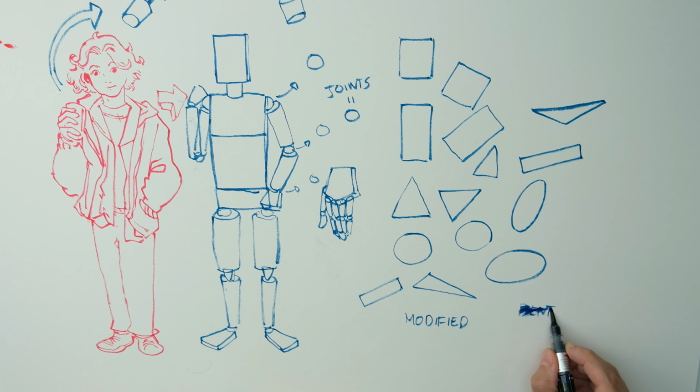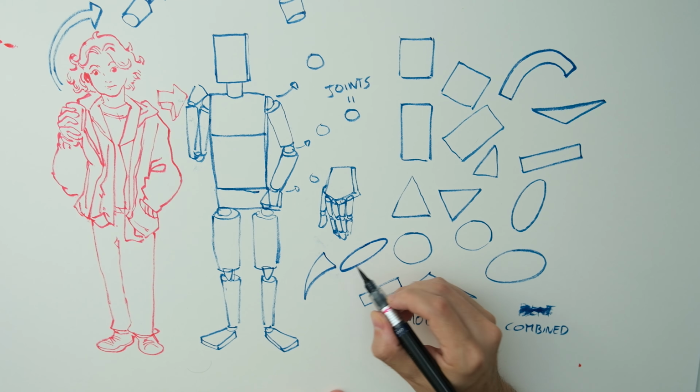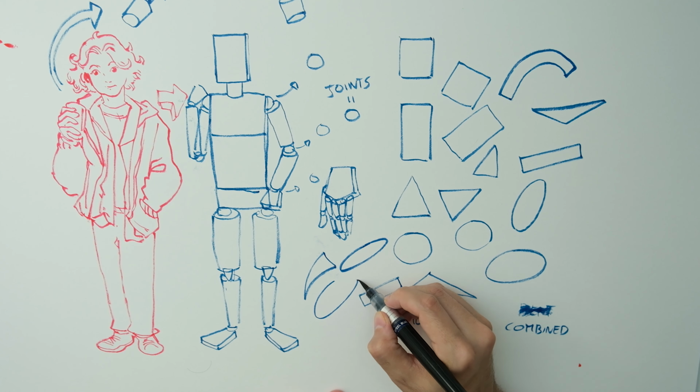By modified, of course, I mean what I just did here. I had a rectangle and I extended the rectangle, right? Another type of modification is bending the rectangle, bending the triangle. The ball is being comfortable drawing ellipses.